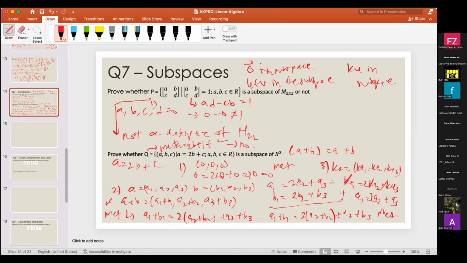If I add plus 1 and plus 1, it will not be equivalent to 0. Therefore, and also in the first criterion, it will also not be met because if we were to plug 0 into this equation, we know that 0 is not equal to 1, hence it will not be met.